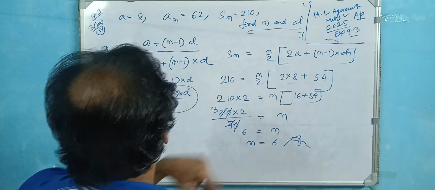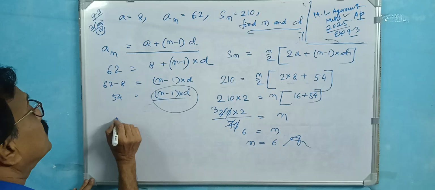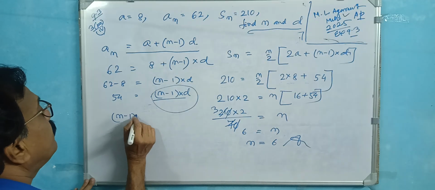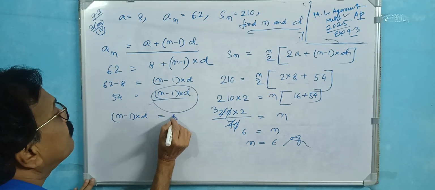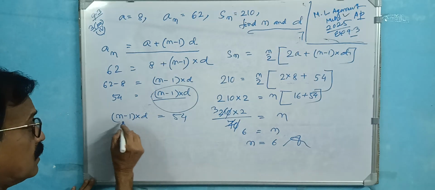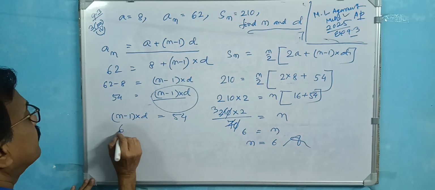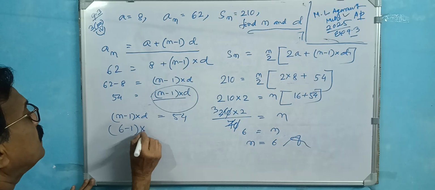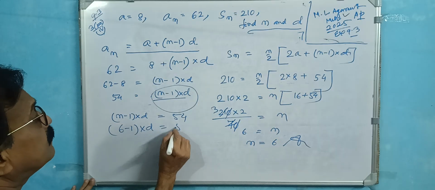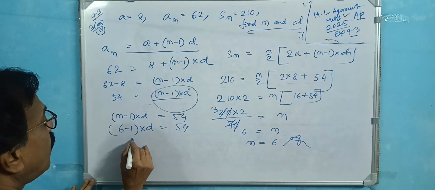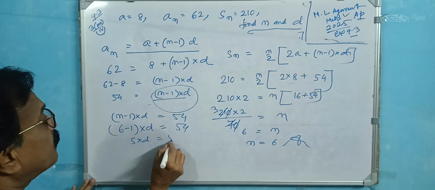What is the value of d? You know here, n minus 1 into d is 54. So what is the value of n? n is 6. 6 minus 1 into d is 54. So this is 5 into d equals 54.